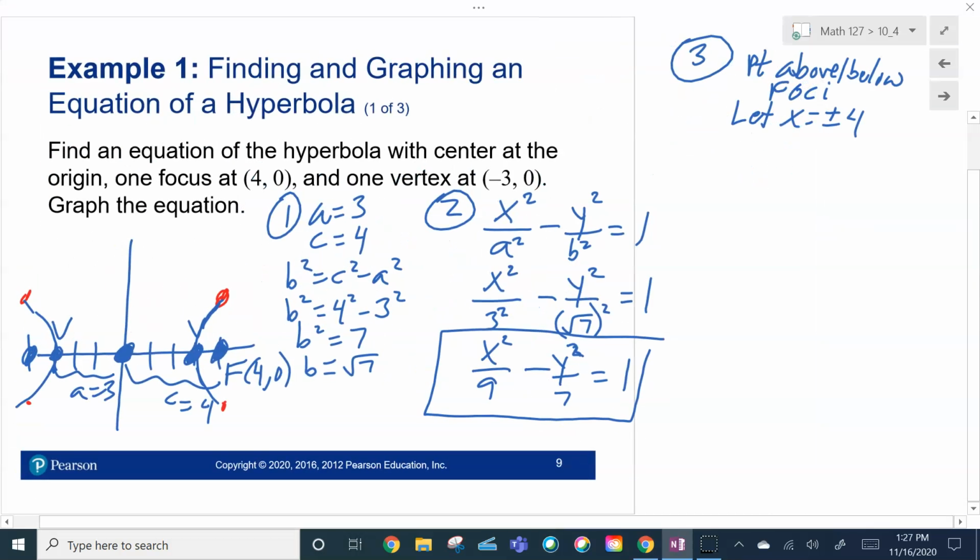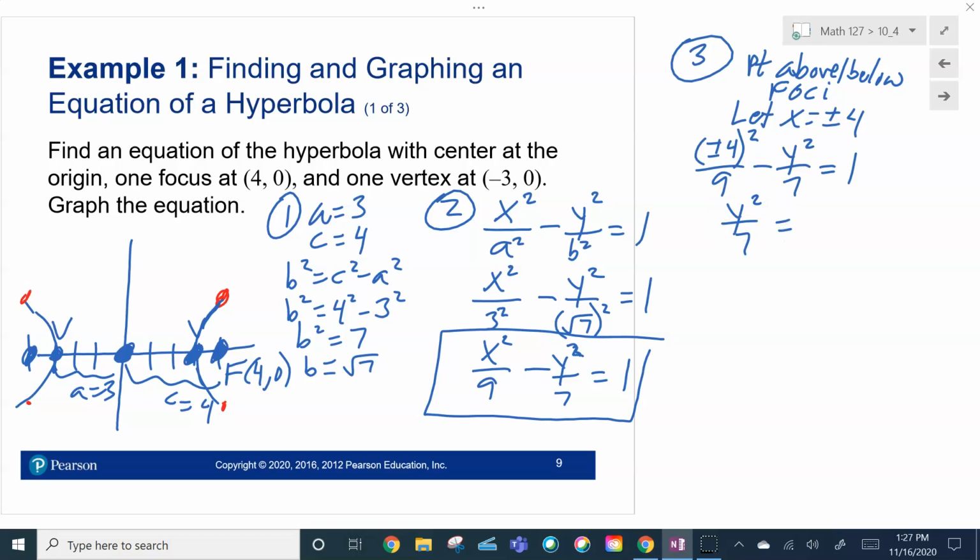So my equation, x squared over 9 minus y squared over 7, where x is plus or minus 4: x squared over 9 minus y squared over 7 equals 1. So I got 16/9 minus y squared over 7 equals 1. So y squared over 7 equals 7/9.